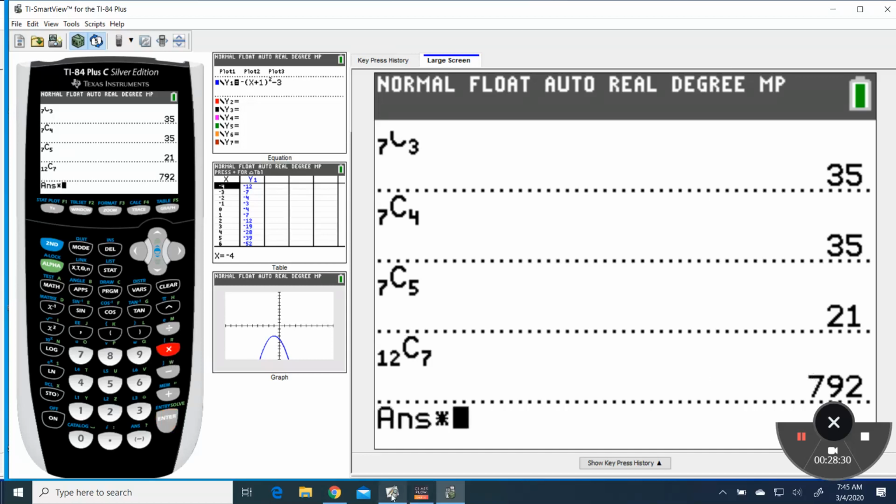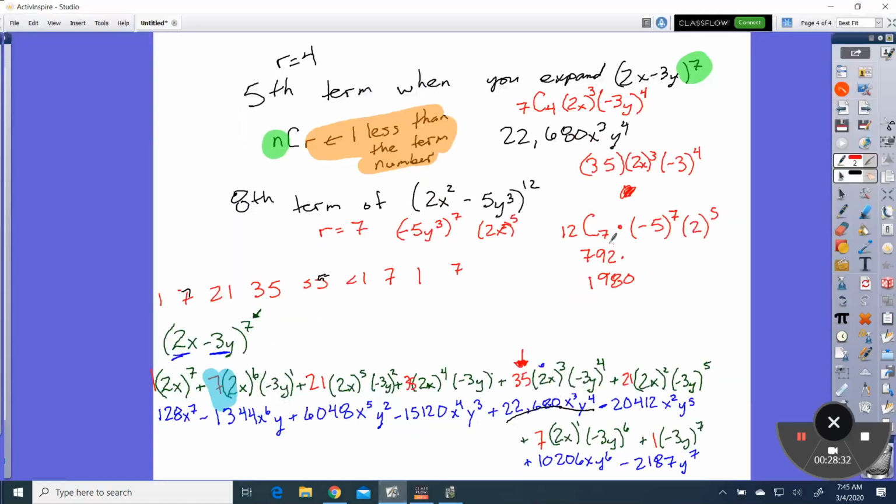Times, you guys got different answers, so that's why I'm just looking at it. So 1980, how many zeros? Like that? So that's multiplying those all together. So these are your millions, and then this is the billion, right?